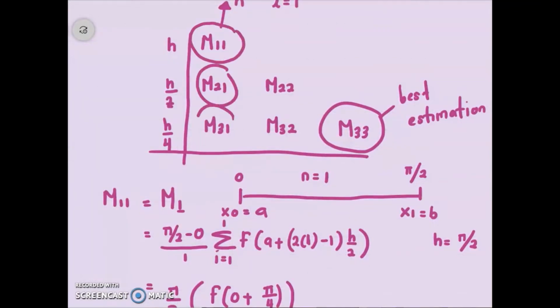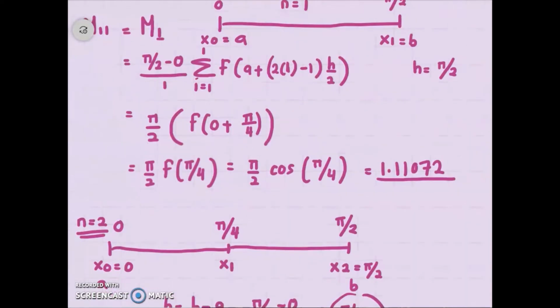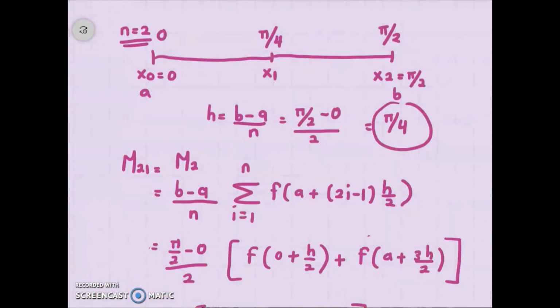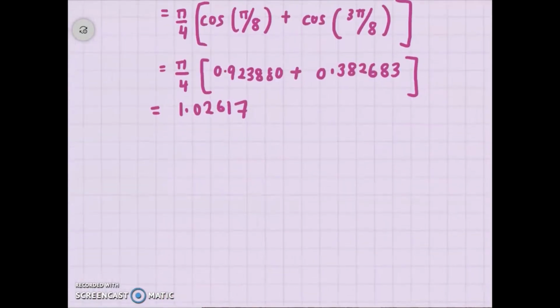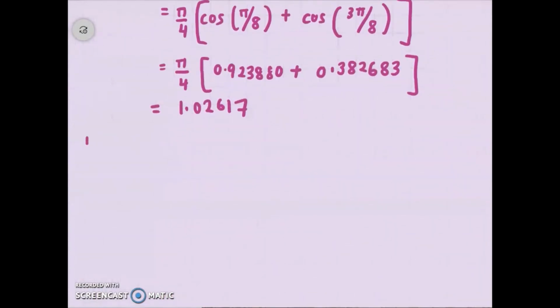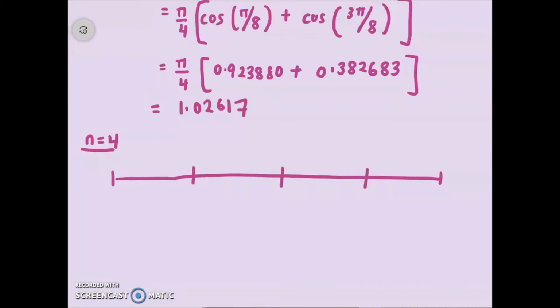Now all you have to do is obtain M31 for n equals 4. Let's do that. For n equals 4, you want to divide the interval into 4 subintervals: 1, 2, 3, 4.